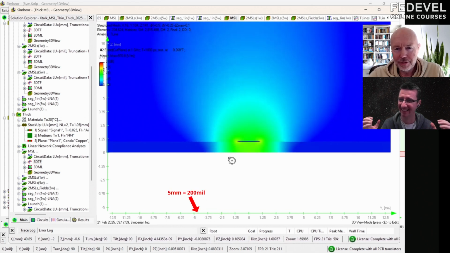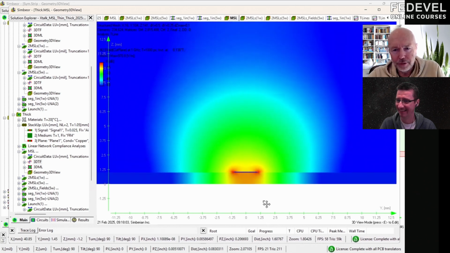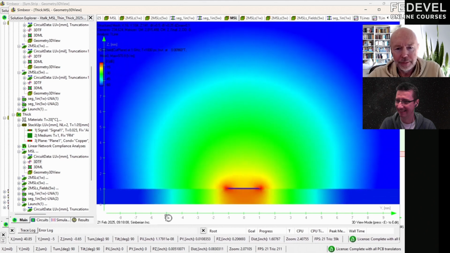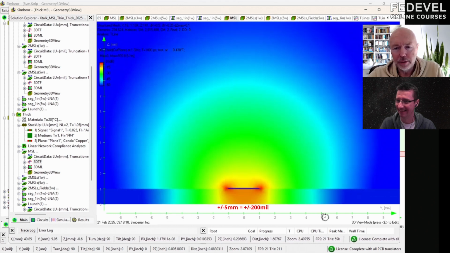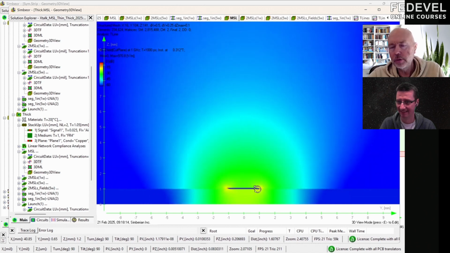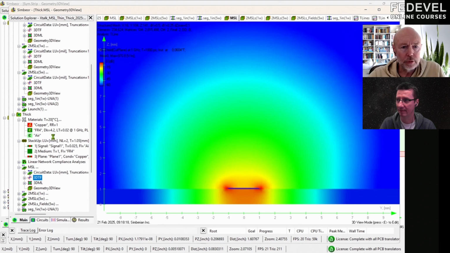Yes, if you get closer to this axis here, we can see that it's at minus 5, plus 5 millimeter, and the track on top is 2 millimeter wide because of that 50 ohm. You need 50 ohm, and the dielectric constant here is 4.2.